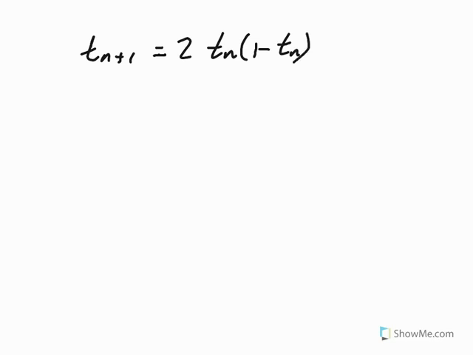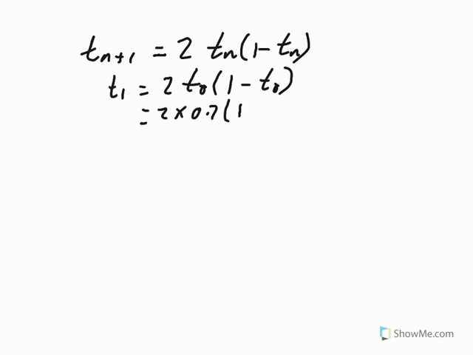So term 1 equals 2 times term 0, times 1 minus term 0. That of course is 2 times 0.7, times 1 minus 0.7, and when we do that we get 0.42.